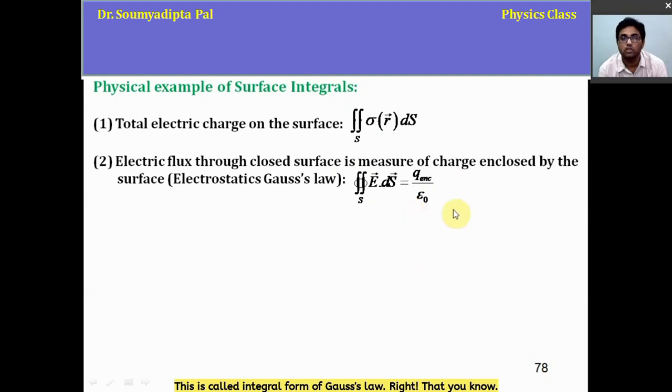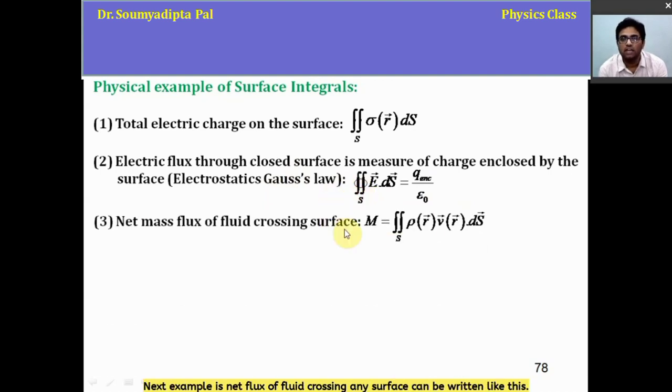This is called the integral form of Gauss's law, that you know. The next example is the net flux of fluid crossing any surface, which can be written like this. Here rho is the mass density and v is the velocity of the fluid.